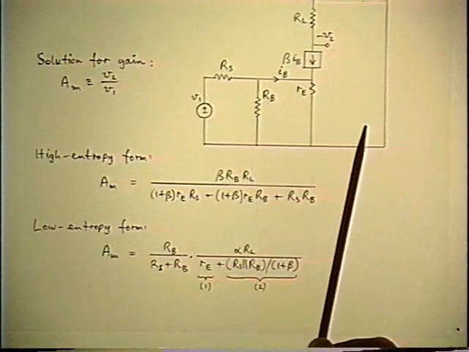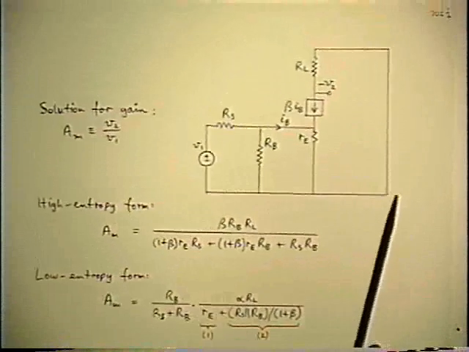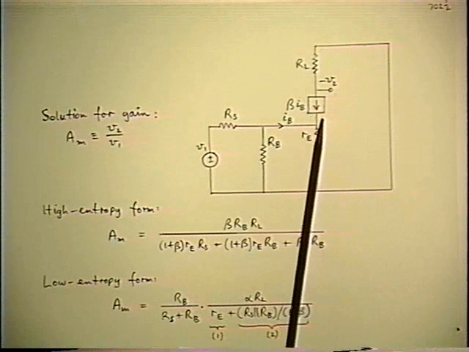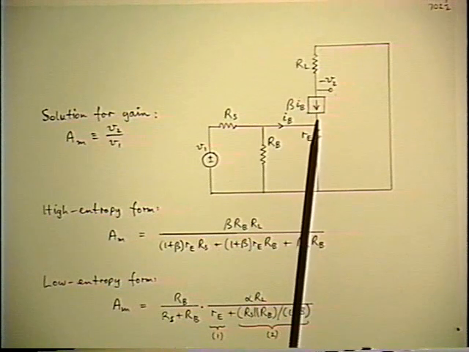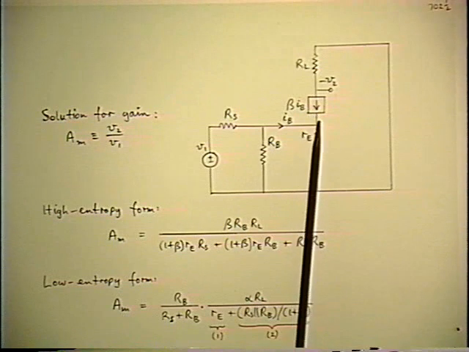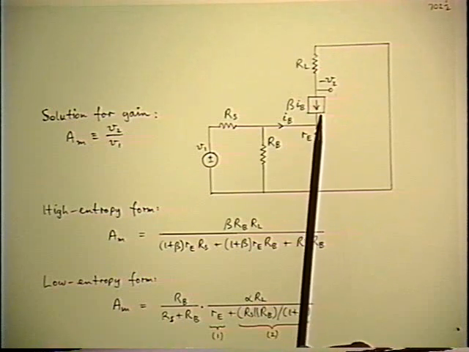A very simple circuit, equivalent circuit model. You recognize what it is, I'm sure. This is a T model of a bipolar junction transistor. It's the small signal equivalent circuit relevant to a particular DC operating point. There's only two elements in the model.